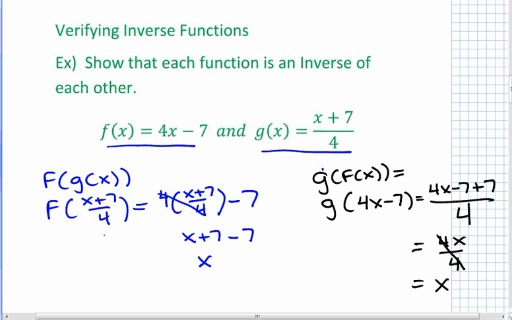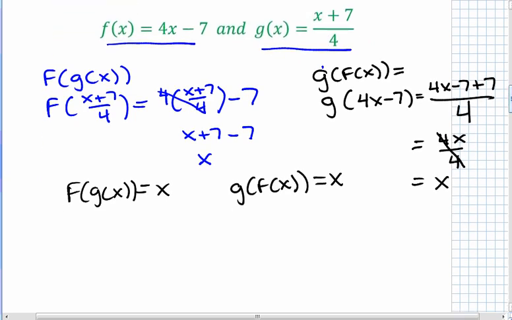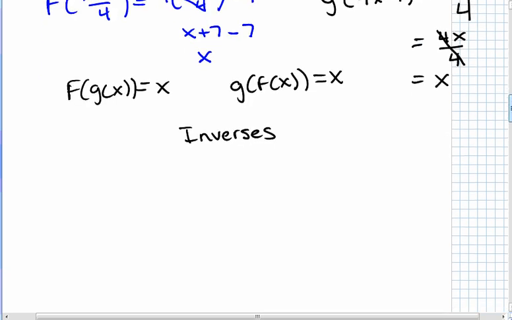So notice when I take f of g of x, it equals x, and when I take g of f of x, it equals x. Therefore, they are inverses, because f of g of x equals x, and g of f of x equals x. So basically you need to do the compositions both ways, f of g and g of f, and if they equal x, you know they're inverses.